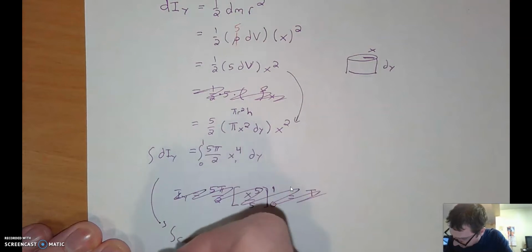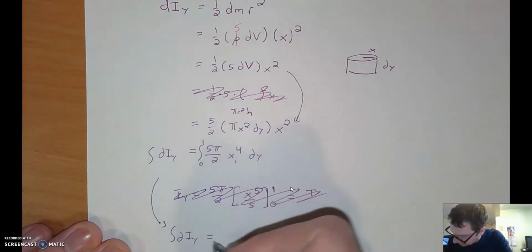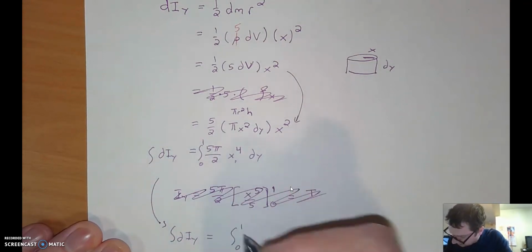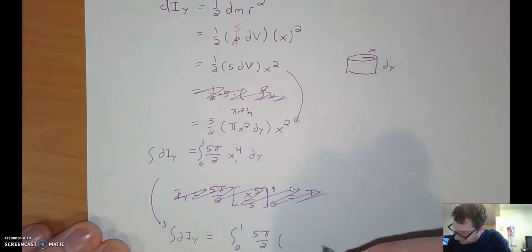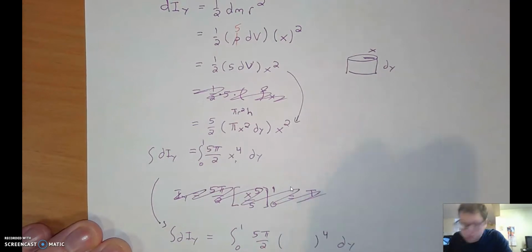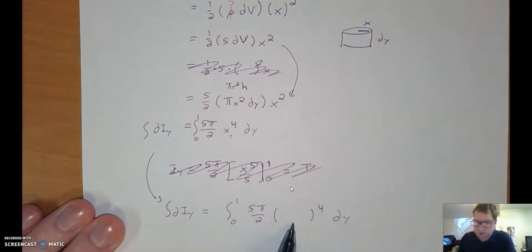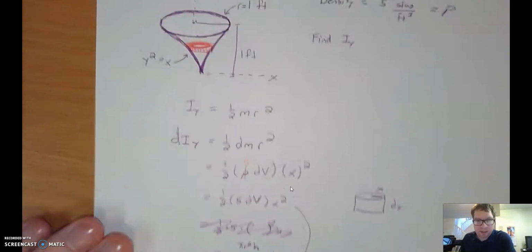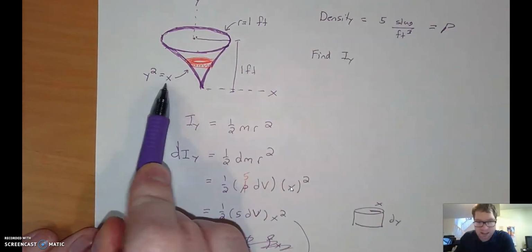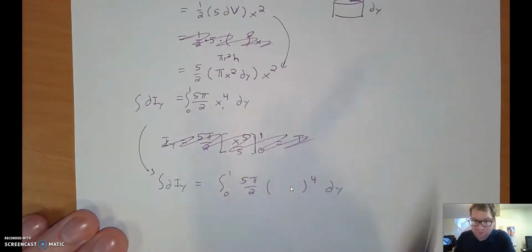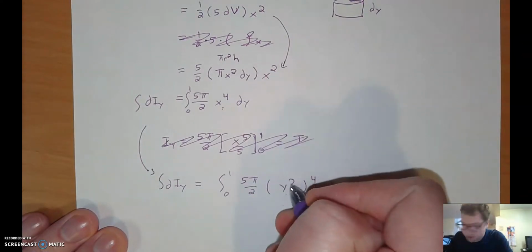So we want to integrate dI_y from 0 to 1, 5 pi over 2. We don't want this to be an x. We want this to be a y. So if I come back up here, you can remember that x is equal to y squared. So we can throw a y squared in here.